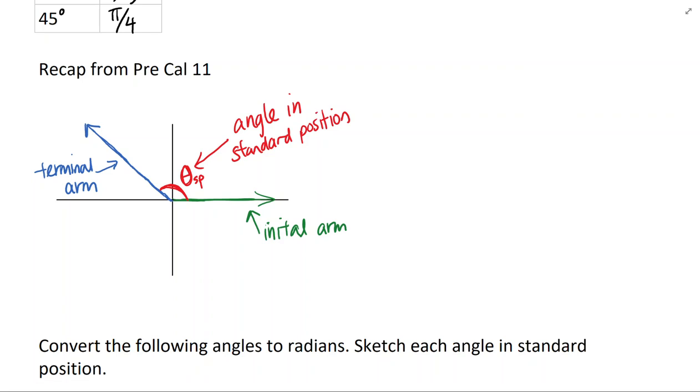So when we're looking at our angles, one thing that you have to be mindful of is that depending on the direction you're going, the angle would be represented differently.